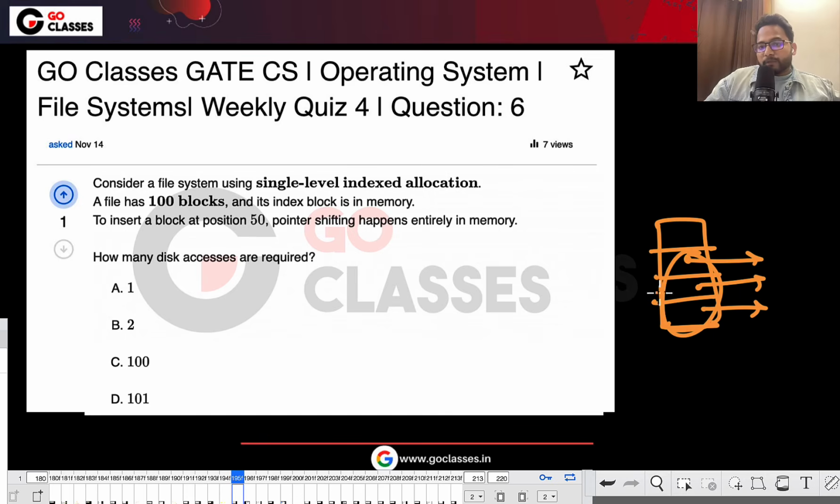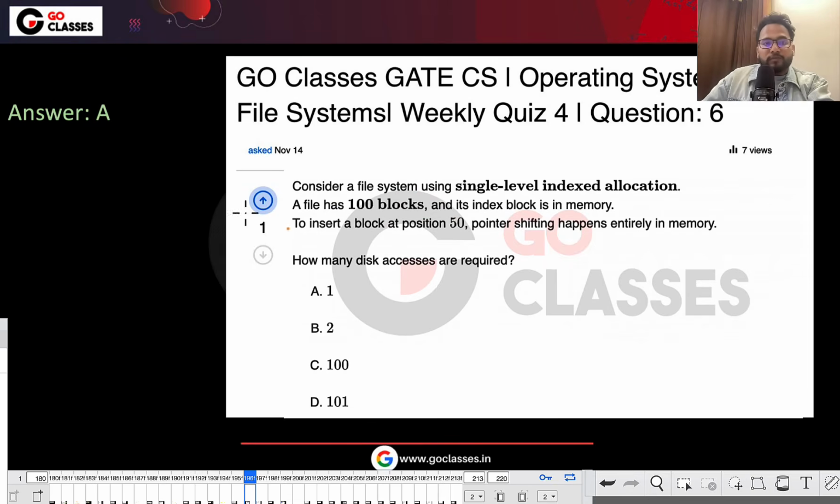All of these pointers have to be shifted below, and this should be updated to the new one, but all of this is in the main memory. So these pointer manipulations don't require anything. You just have to write one thing, so you just need one write access.